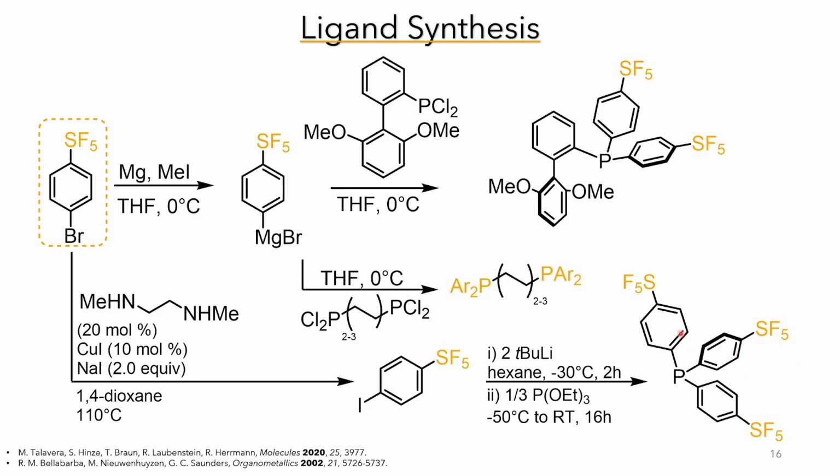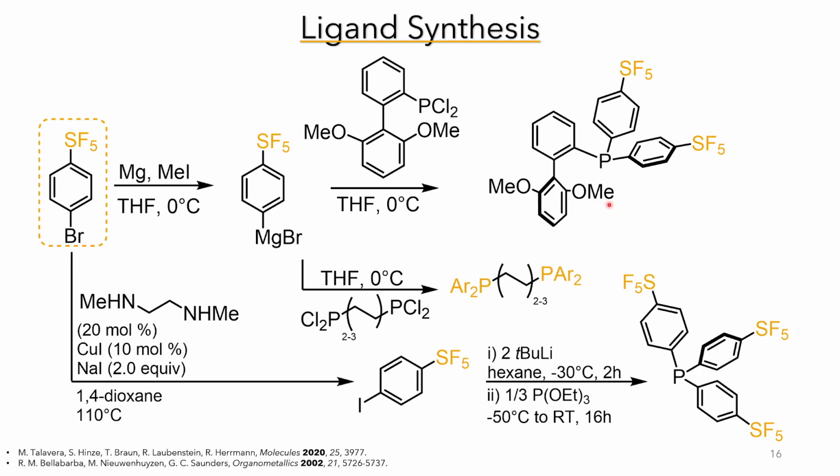For this, I propose a Grignard reaction, which has been reported to work. And from this Grignard reagent, we can then do our electrophilic substitutions onto chlorinated phosphine ligand scaffolds, which are readily available. I've shown here the synthesis of an exemplar monophosphine Buchwald ligand.